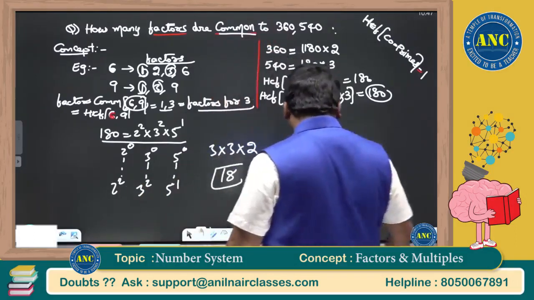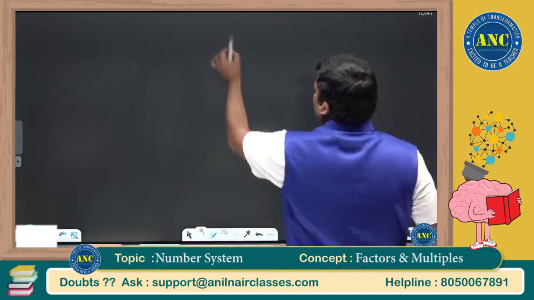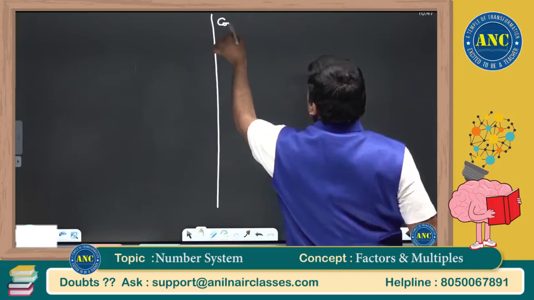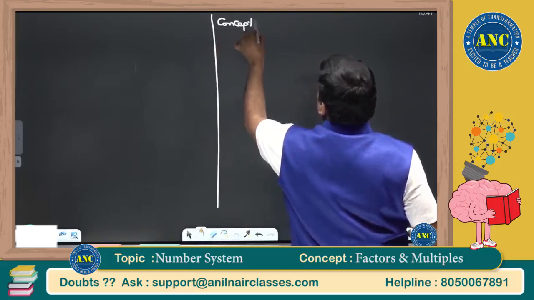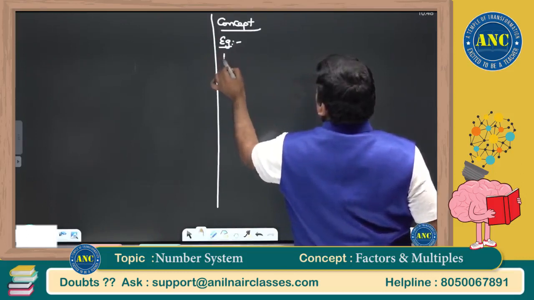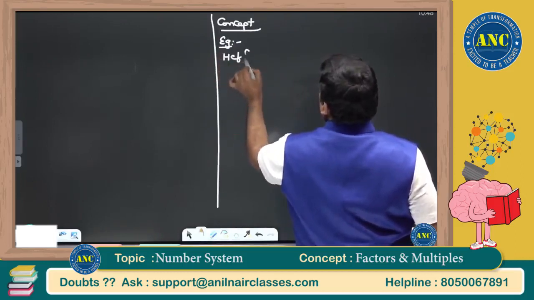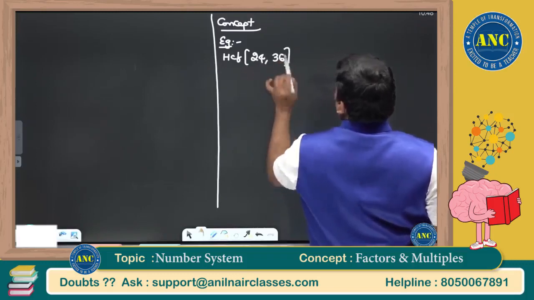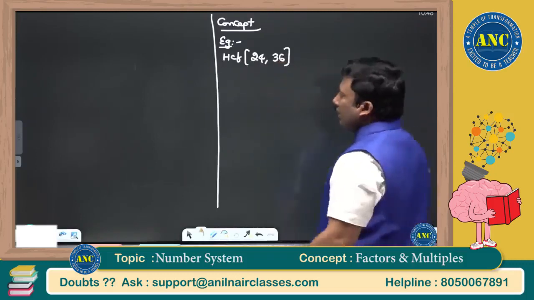Now see here, another concept. You can also solve this problem in this way. Suppose, for example, I want HCF of 24 comma 36.